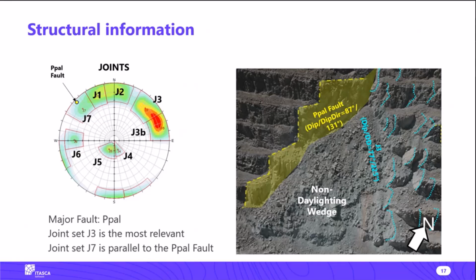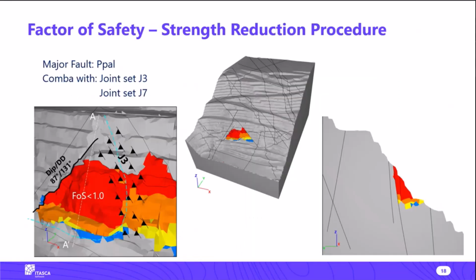And what we see here that is really important is that there is a joint set that exists on site that is parallel to the main observed fault at the site. So Rodrigo, who carried out the analysis, used different constitutive models for the back analysis.